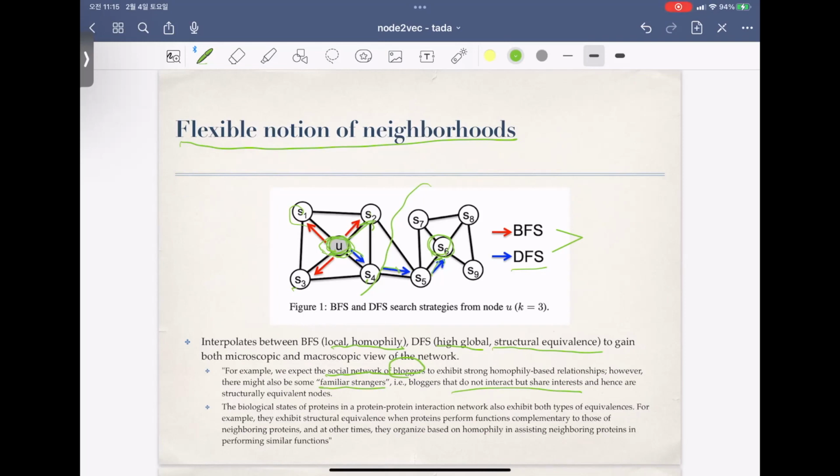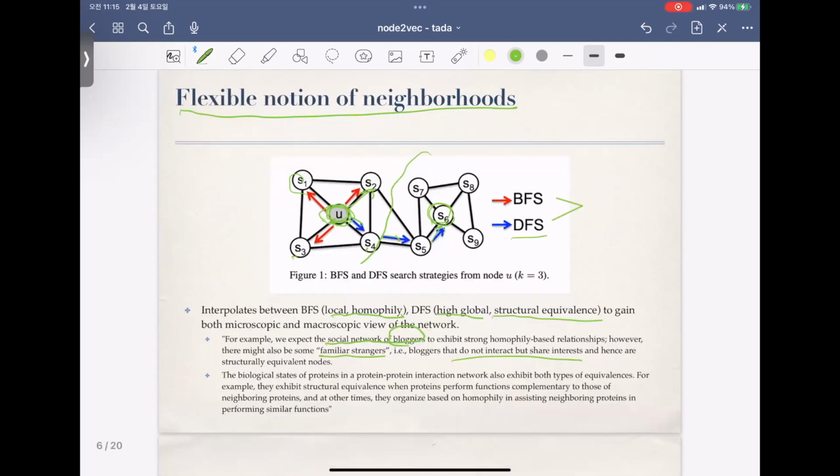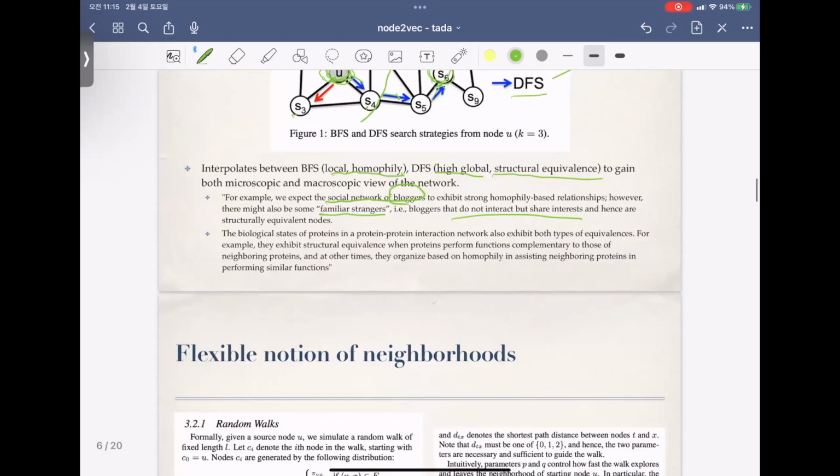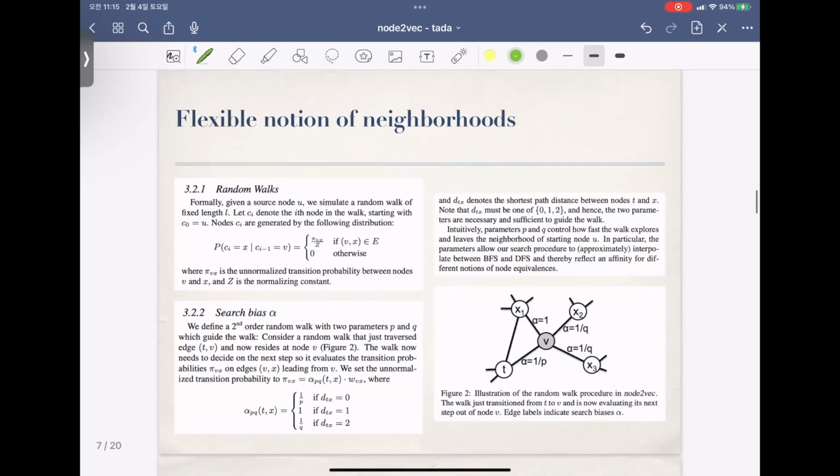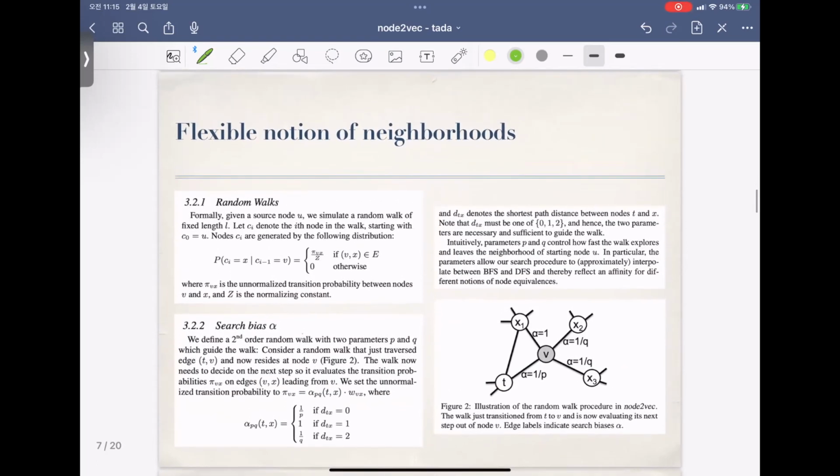So in this paper, the authors set a search bias alpha, which controls between the scope of BFS and DFS.